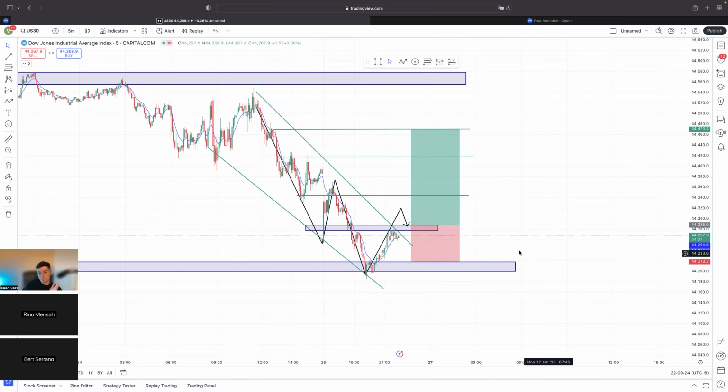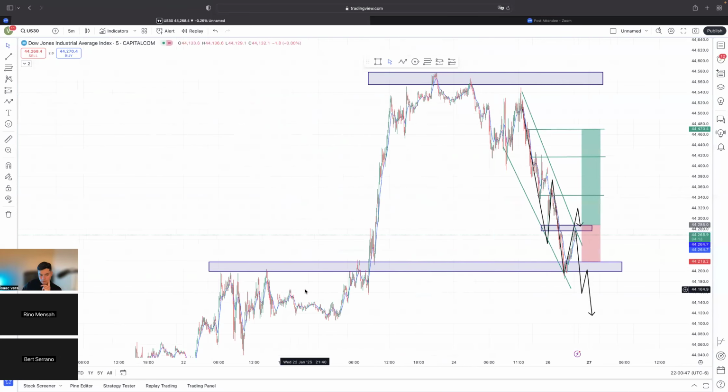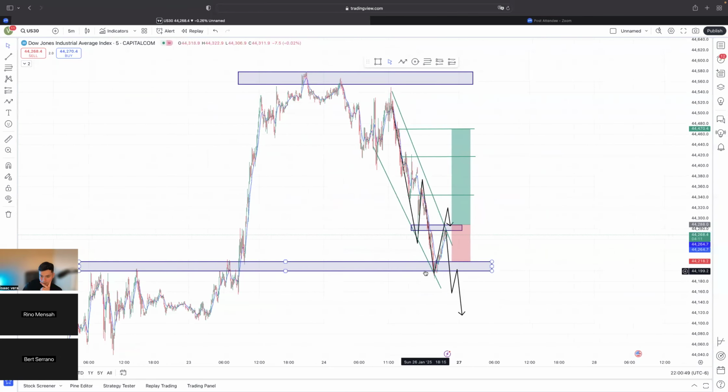So where would I be looking for sells in this case scenario? The only place I would be looking for sells is if price respects this key zone level right here, comes all the way back down, and retests this previous key zone level, which is the previous support. That's where I will be taking myself. Remember, the support still matters a lot.